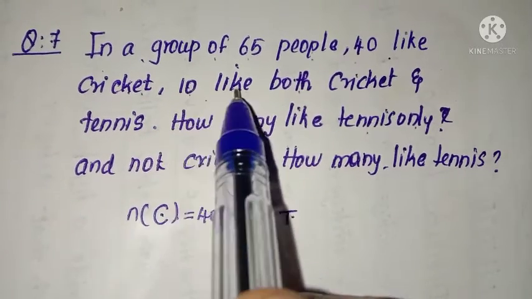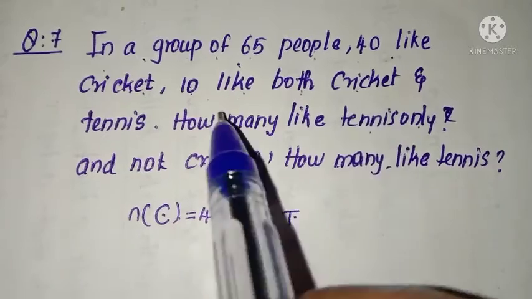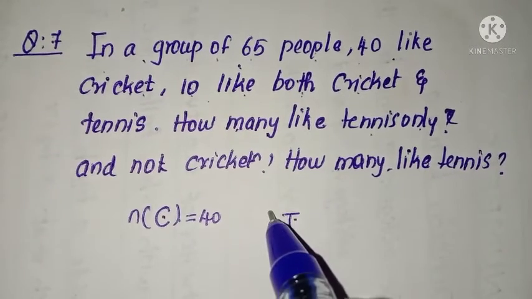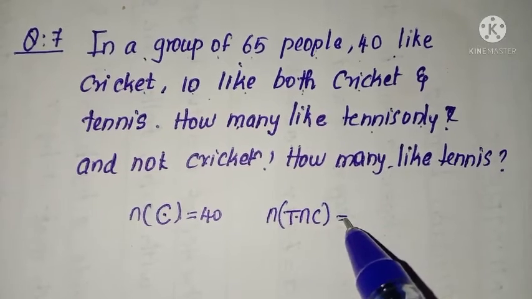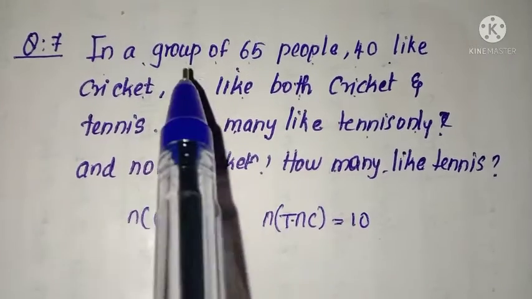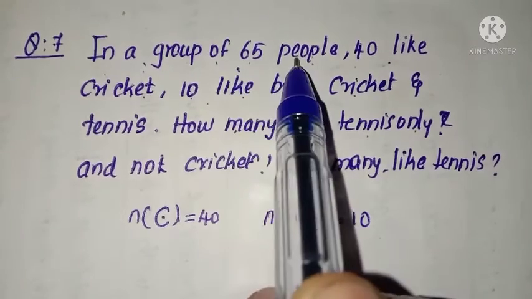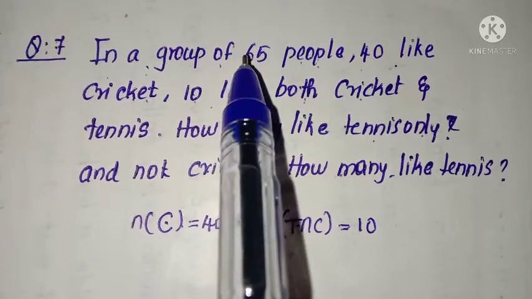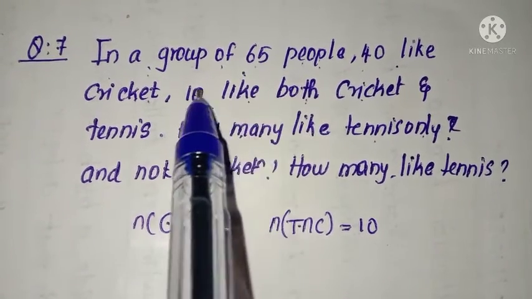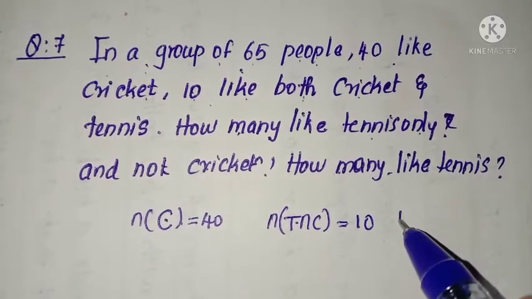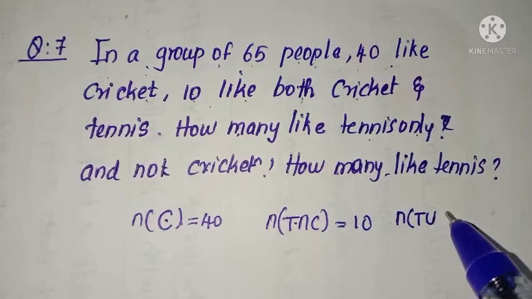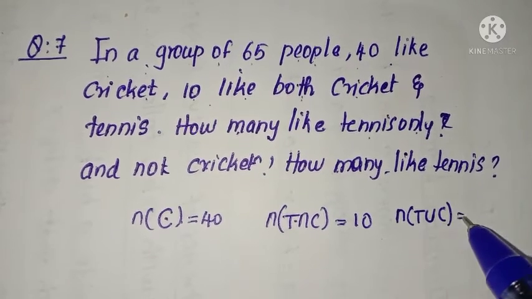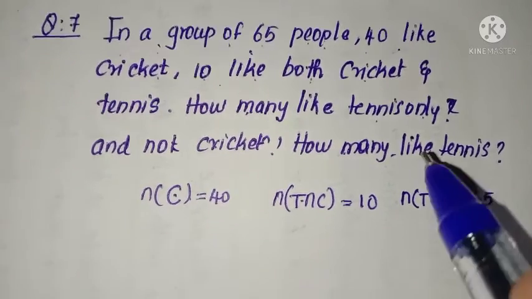Ten like both cricket and tennis means n of T intersection C is 10. Out of these 65 people, the number who like either tennis or cricket is 65.